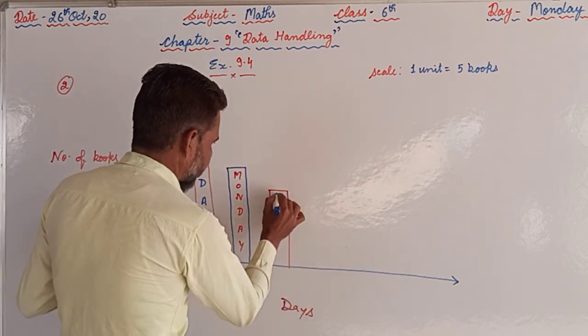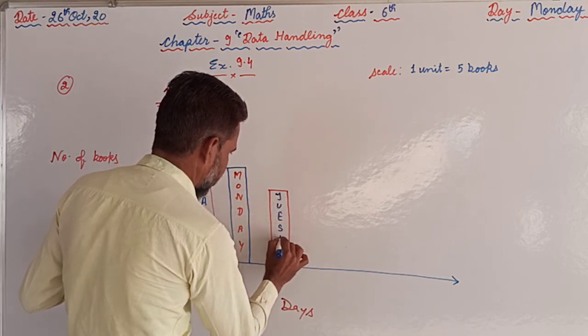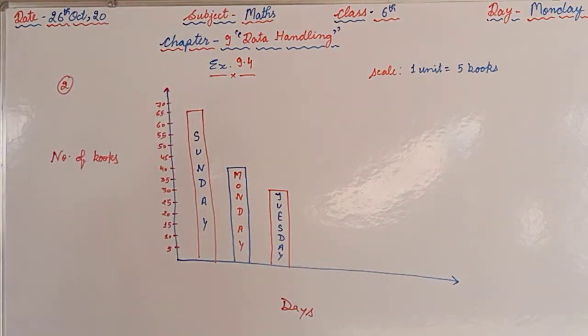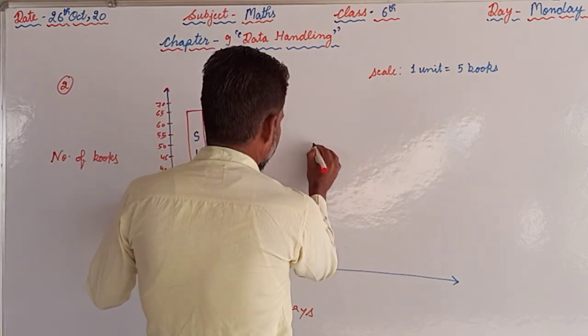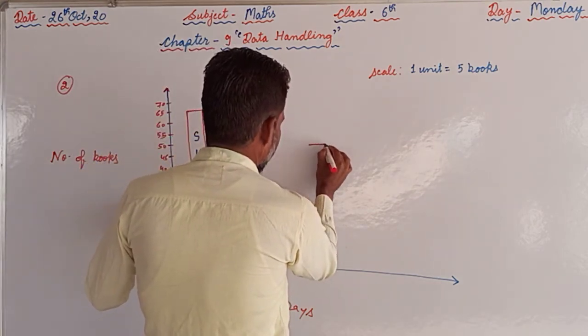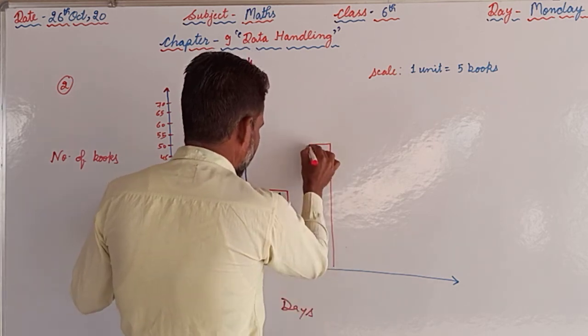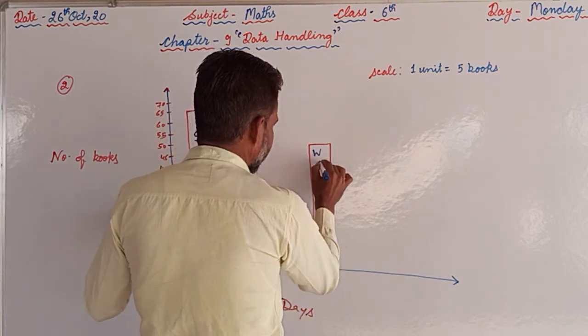Then on Wednesday 50 books. So 50 is here, so we can take 50, and that will be for Wednesday.